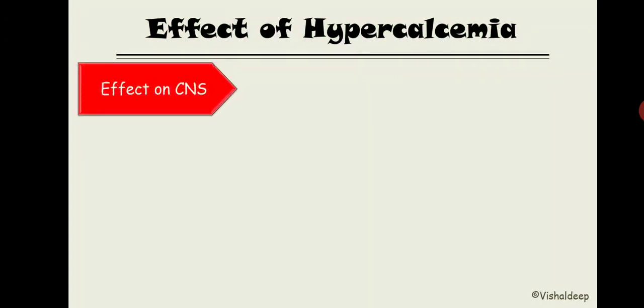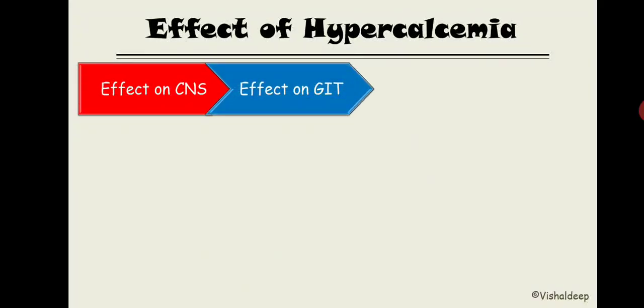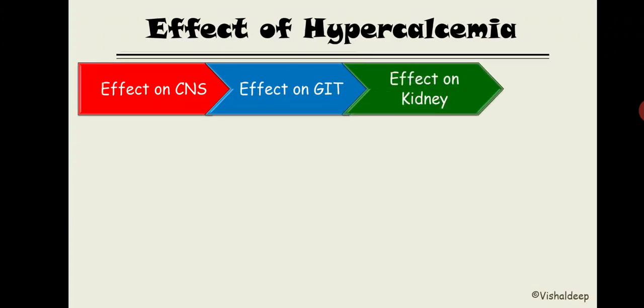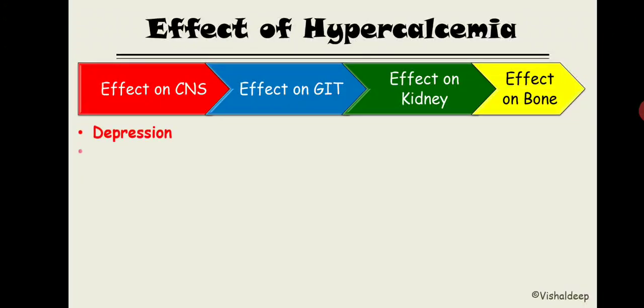We are going to discuss this first, then the effect on GIT, then the effect on kidney, and finally the effect on bone. As far as the effect on the CNS is concerned, the person has depression, memory loss, fatigue, and finally poor concentration. These are the features of hypercalcemia on the CNS.